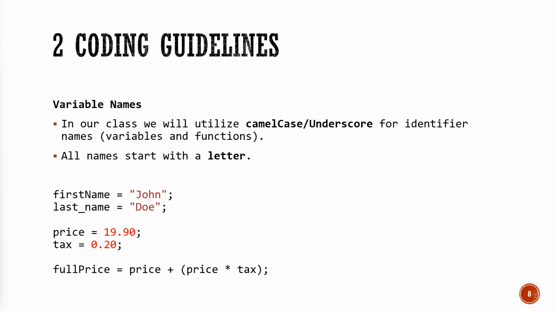So it utilizes the camel case. The second line of code, last_name is equal to Doe. So this utilizes the underscore method. Just take note, you will be utilizing two standards in naming your variables: the camel case and the underscore.